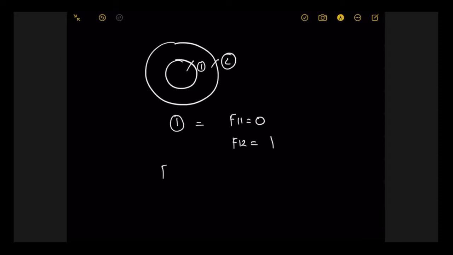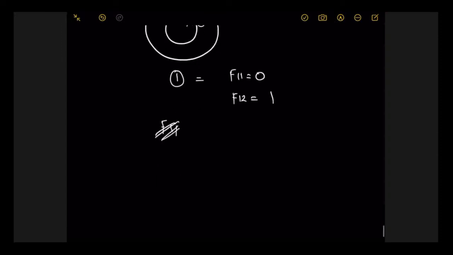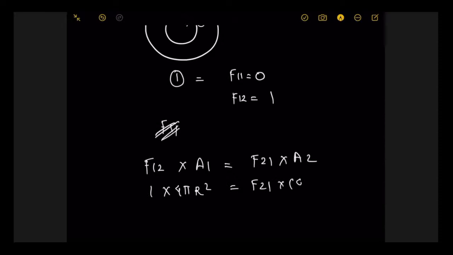F12 into A1 is equal to F21 into A2. So it will be 1 into 4 pi R square is equal to F21 into 4 pi twice of R square.